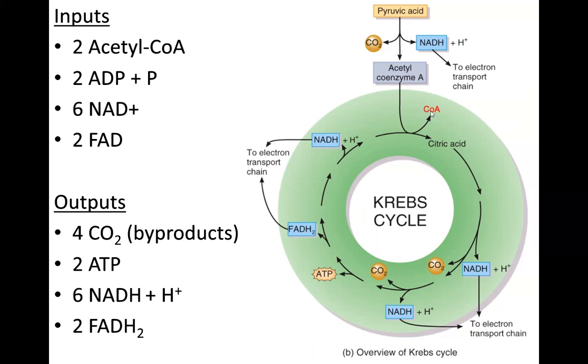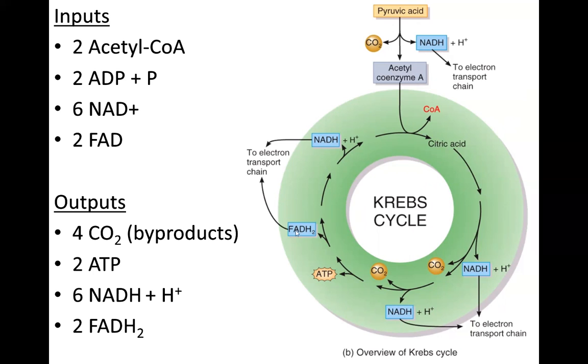Right away, the CoA just gets removed, and that 2-carbon leftover acetic acid, essentially, gets added to a 4-carbon molecule that's not shown here, but it will be right here, and that forms a 6-carbon molecule known as citric acid. So that's where the name citric acid cycle comes from.